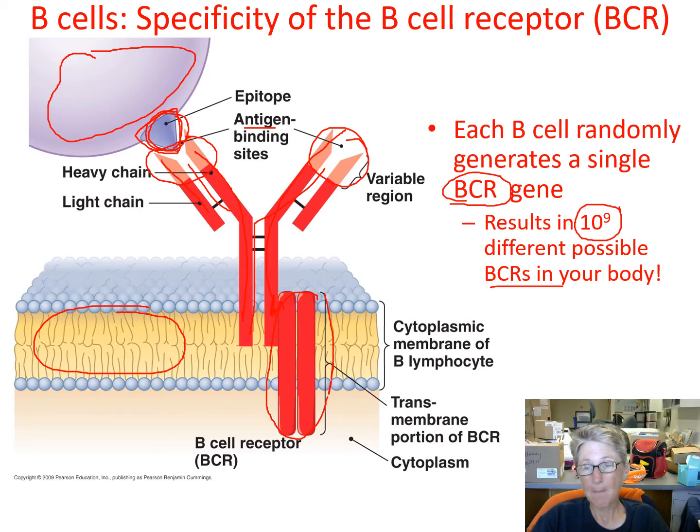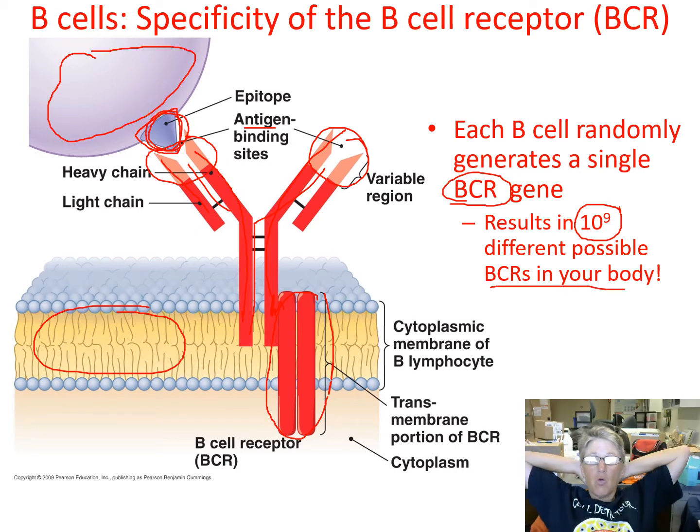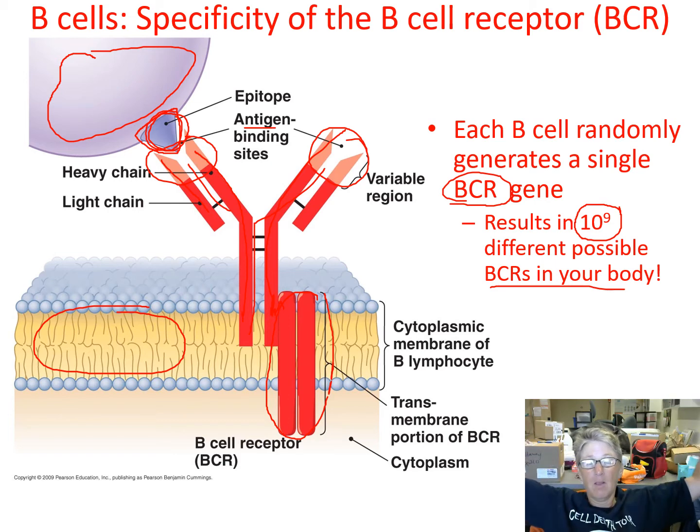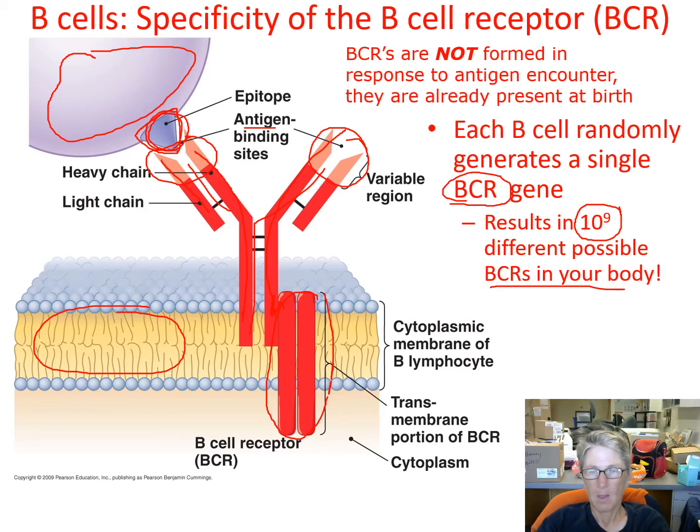That means that your B cells with their B cell receptors can recognize up to 1 billion different epitope/antigens out there in the environment. So that's kind of cool. And you and your brothers and sisters, and your parents and relatives, would probably share more of the same B cells and B cell receptors than someone that's not in your family. This is important to note.